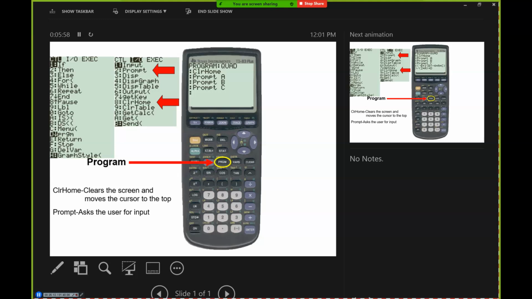Okay. The alphabetical order is helpful there, right?